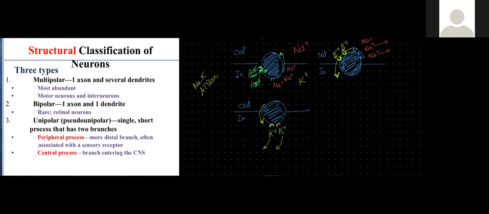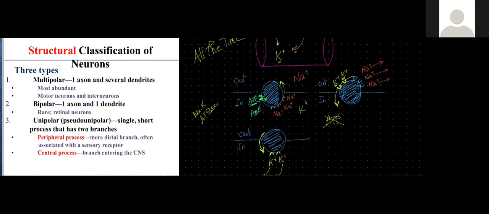Sodium potassium ATPase is always going to be dragging sodium outside of the cell and moving the potassium to the inside of the cell. And in order to take place, it requires ATP. It requires you to hydrolyze ATP. This is a form of energy that we're going to be consuming. Questions?